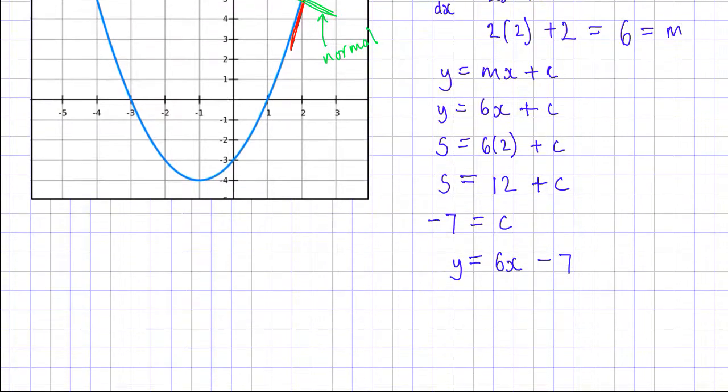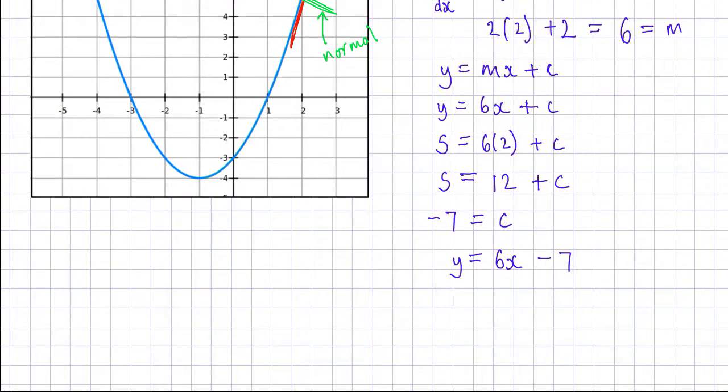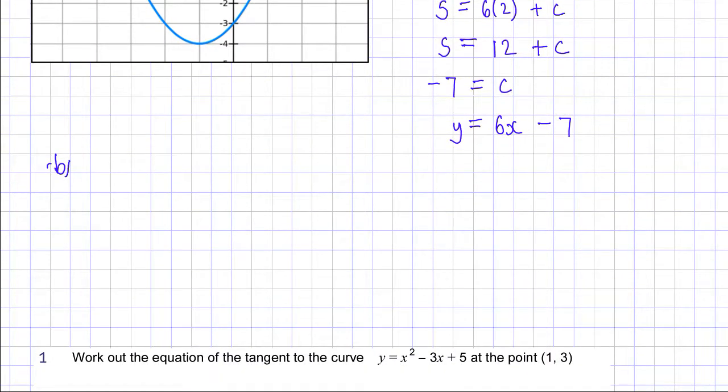So let's start with that. Question B. The gradient of the normal is minus 1 over 6, so m is minus 1 over 6. Now I can write y equals minus 1 over 6 x plus c. I know that the normal passes through the point (2, 5), so let's substitute those values.